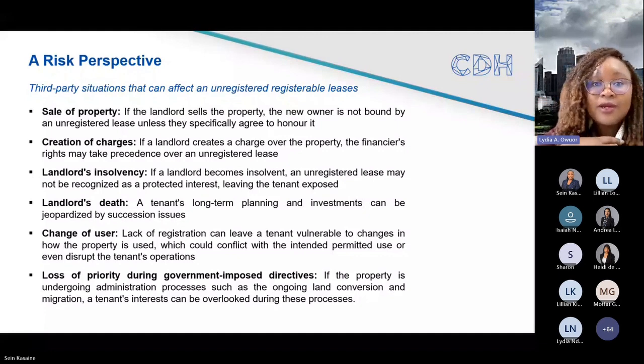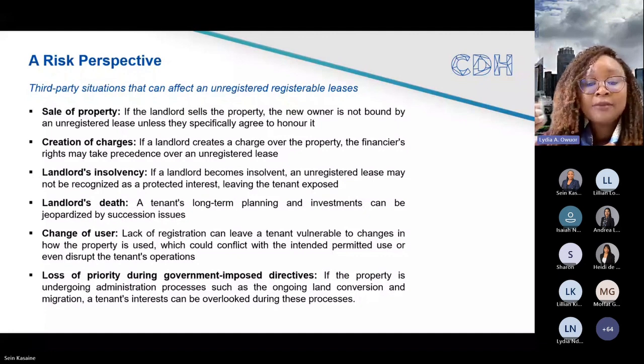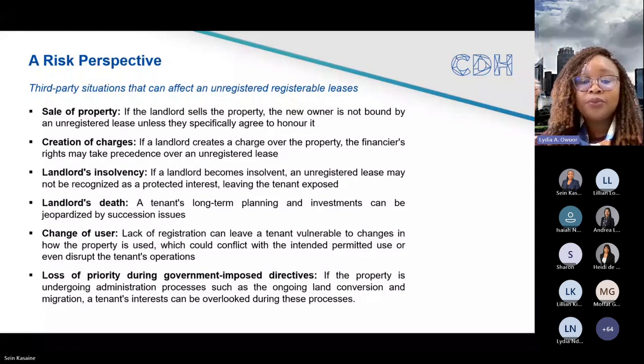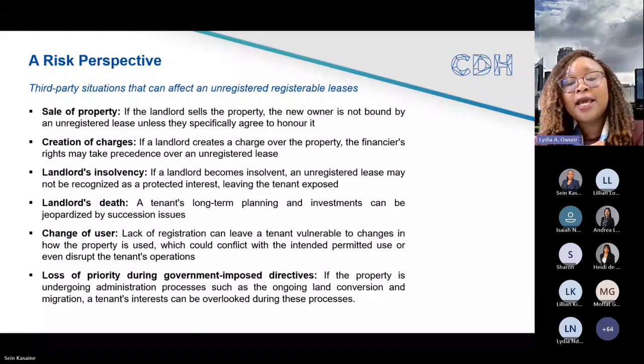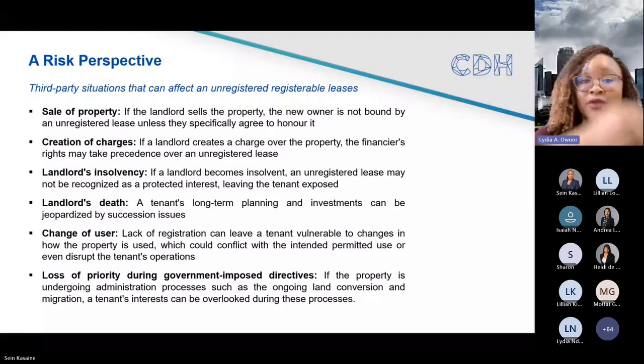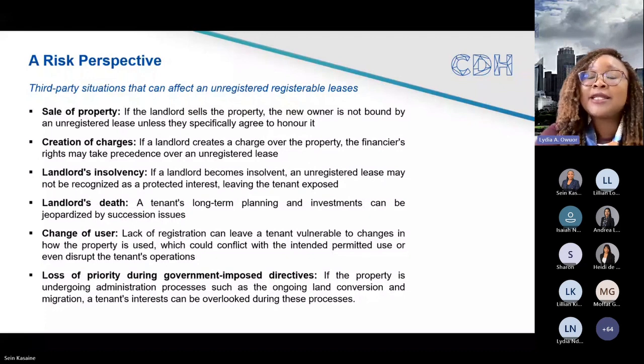In my view, that essentially undermines a tenant's exclusive possession, because if a third-party claim arises, then you cannot enforce that interest that you're holding as an interest in land. You can only enforce that contract that you have between you and the landlord.